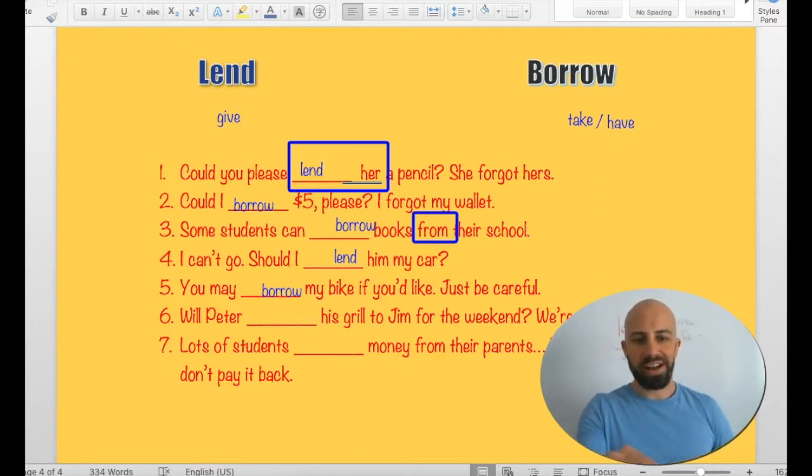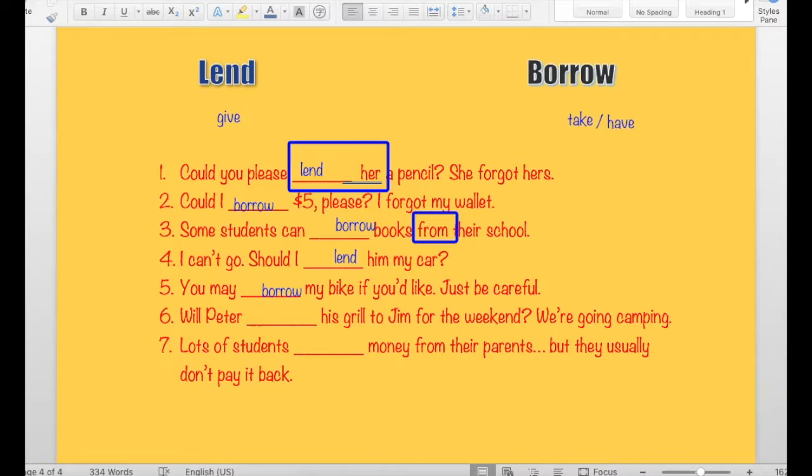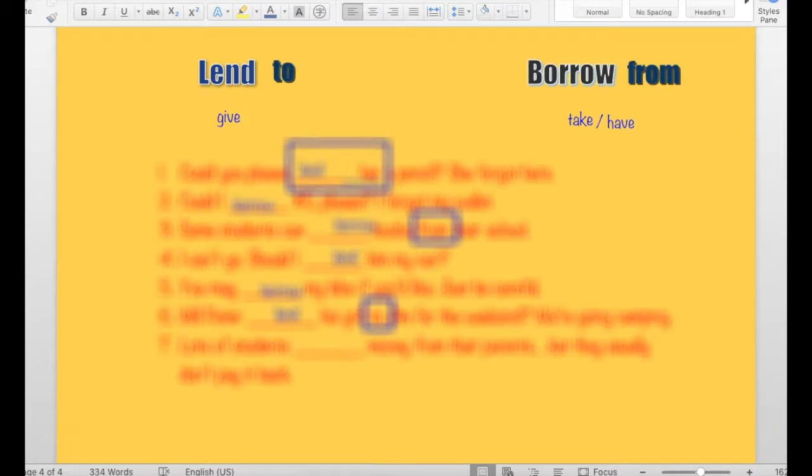Okay. Number 6. Will Peter blank his grill to Jim for the weekend? We're going camping. Will Peter blank to? To is a key word to show that we're talking about lend, right? Just like from is a key word for borrow.